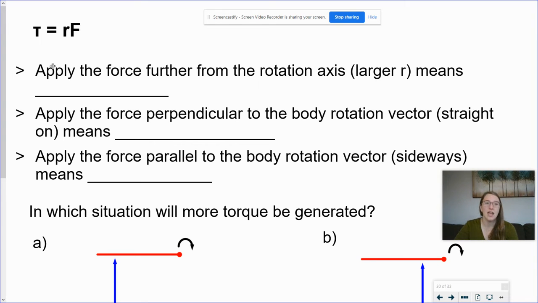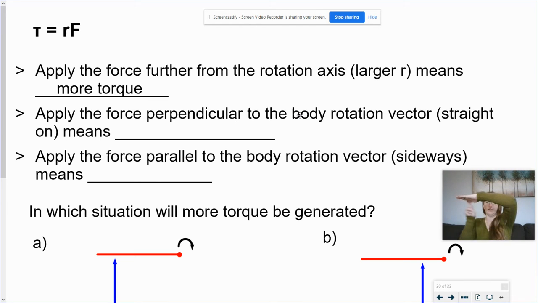If we apply the force further from the rotation axis, this means a larger R, right? What do we think is going to happen to our torque? We're going to have more torque. That means we have an easier time rotating something, right? Torque is this concept of being able to rotate something easier. We can think about it like that. If you apply the force perpendicular, so this again means straight on.